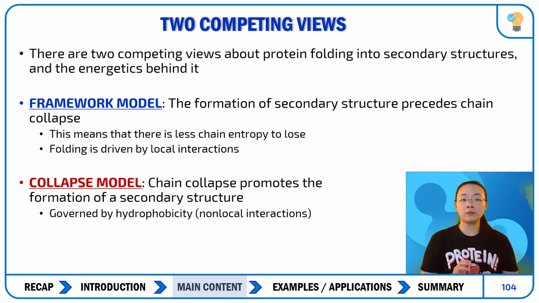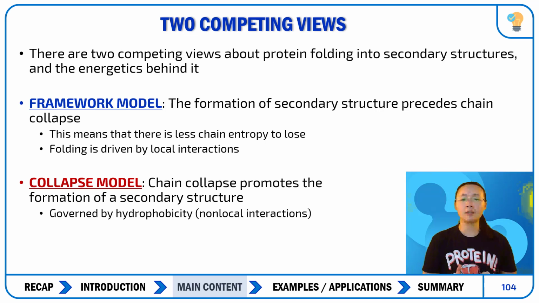So there are two models. There's the framework model, where we assume the formation of the secondary structure happens before the chain collapse. That means folding has to be driven by local interactions, because the folding happens before the whole chain collapses in on itself.